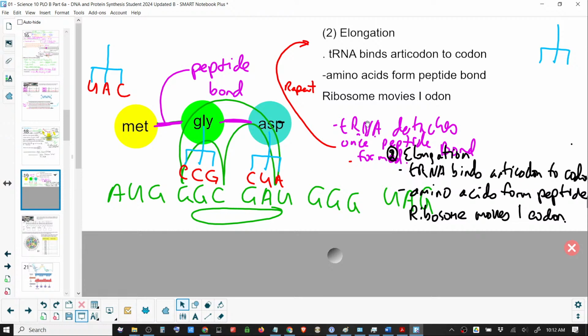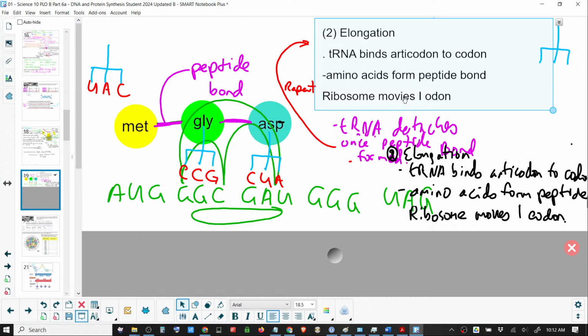What else do I need? Amino acids form a peptide bond. It moves one codon over.